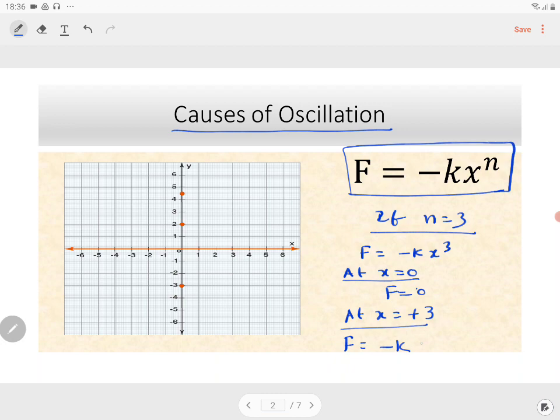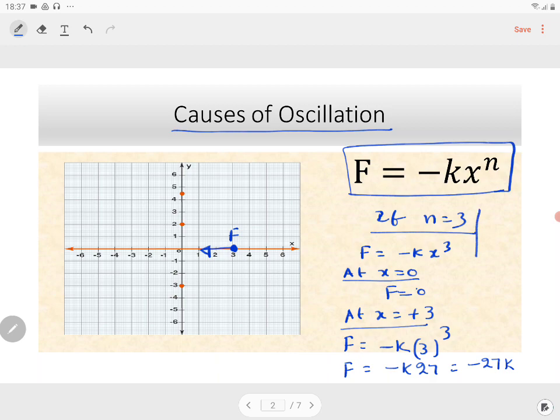F = -k times 3 cubed, and 3 cubed is 27, so F = -27k. See children, if the force is negative, then it will be directed towards the negative x-axis. When I bring the particle to x = 3, the force acting on it is -27k, directed towards the negative x-axis.